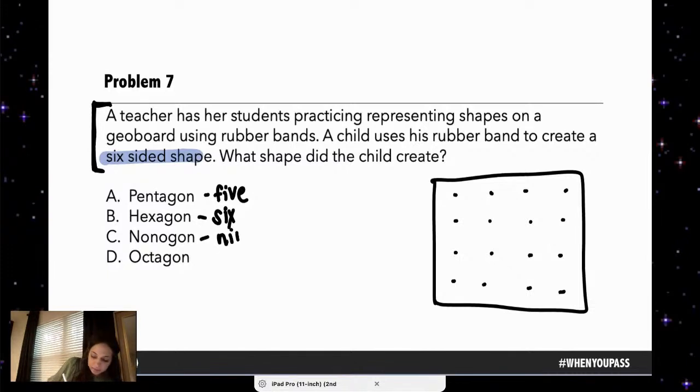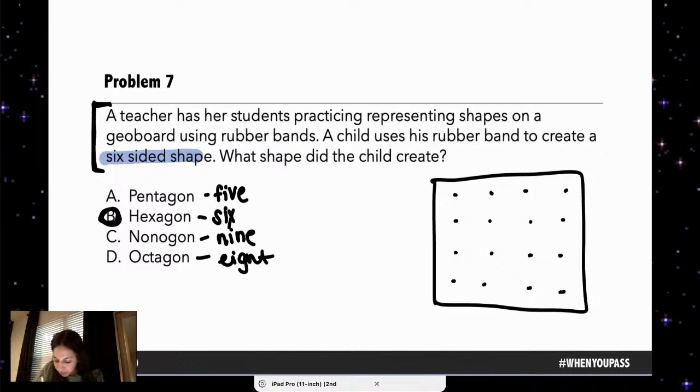Nonagon is 9, and octagon is 8. So in this case, the student created a hexagon. There are a lot of different ways that hexagon could look with their rubber band, but just know the child created a hexagon. We don't need to know what that hexagon looks like on that geoboard, right?